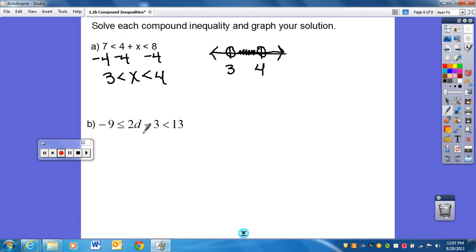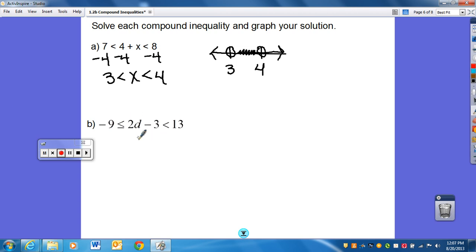again, this is a range or an AND situation, so I want to get the d by itself. I'm going to start by adding 3 to all 3 pieces. So I have negative 6 is less than or equal to 2d, which is less than 16.